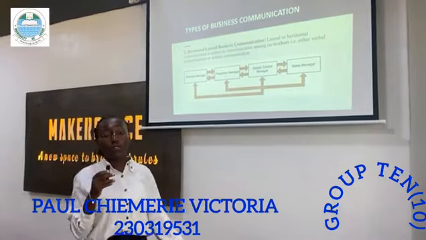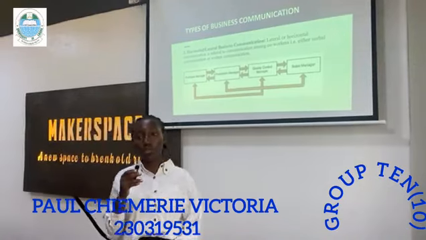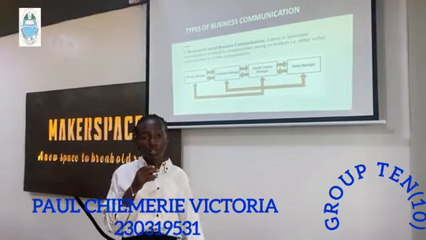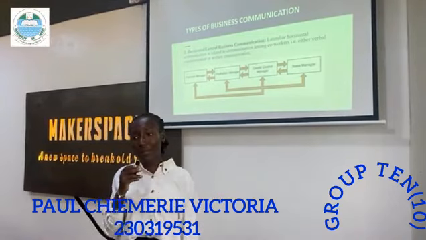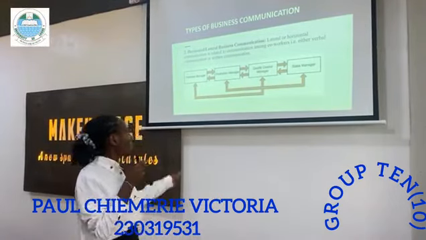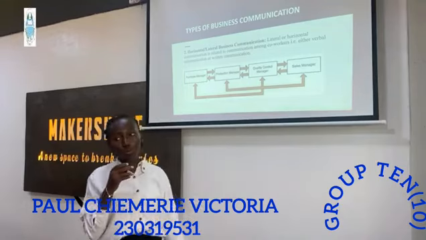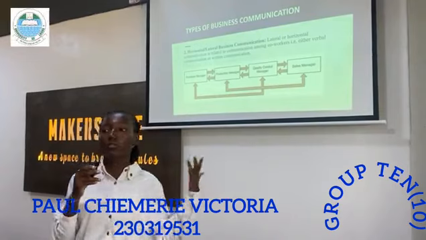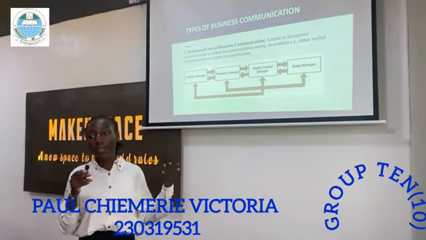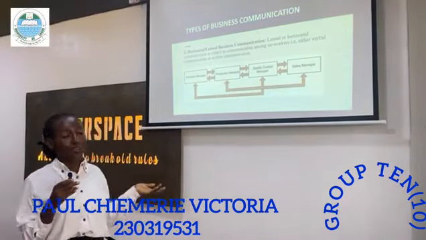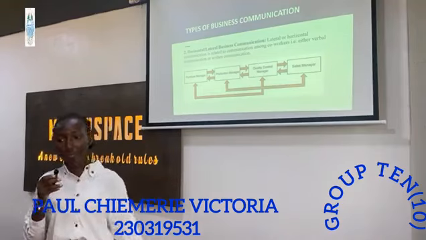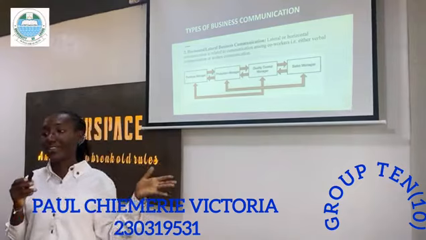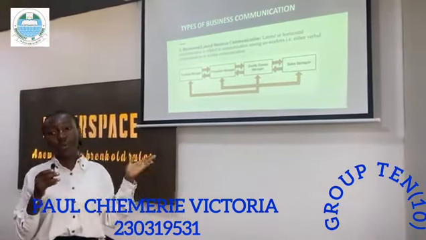For example, if the company uses cocoa as its raw material, it's the job of the quality control manager to make sure that there's no pest damage on the cocoa. And we have the production manager, who is responsible for producing the goods and services. If the company is into beverages, it's the job of the production manager to make sure that the beverage is well produced.